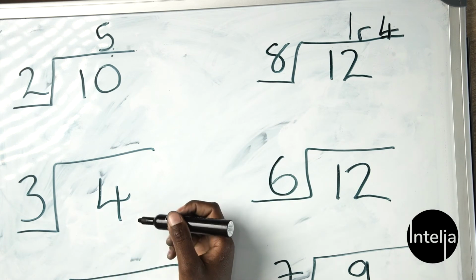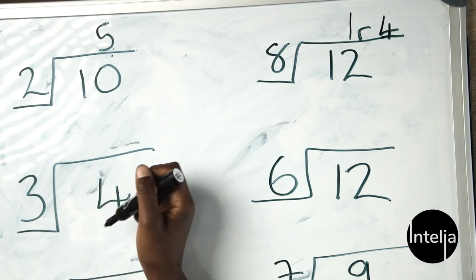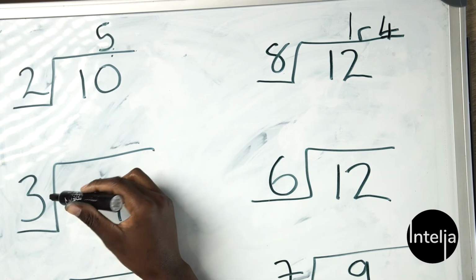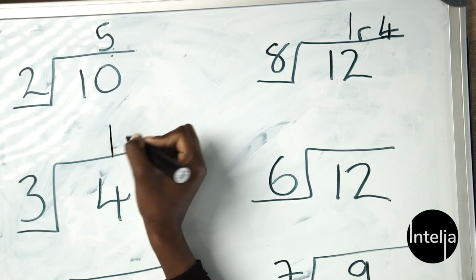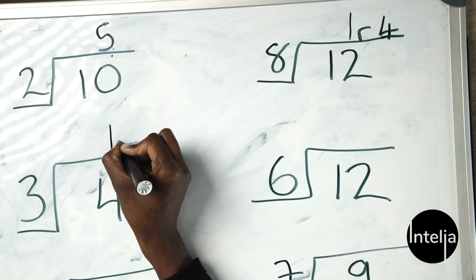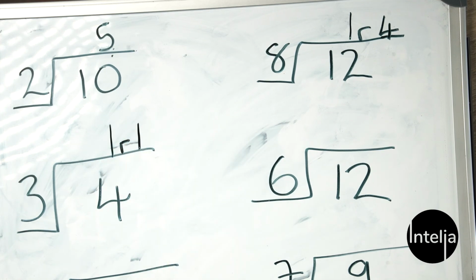And then we move on to the next one. 3 divided by 4. How many times does 3 goes into a 4? 1. How many remainders? 1. Then you write your remainder 1 here, like this. You see? No, it's not very hard. It's very simple. And then let's move on to the next one.